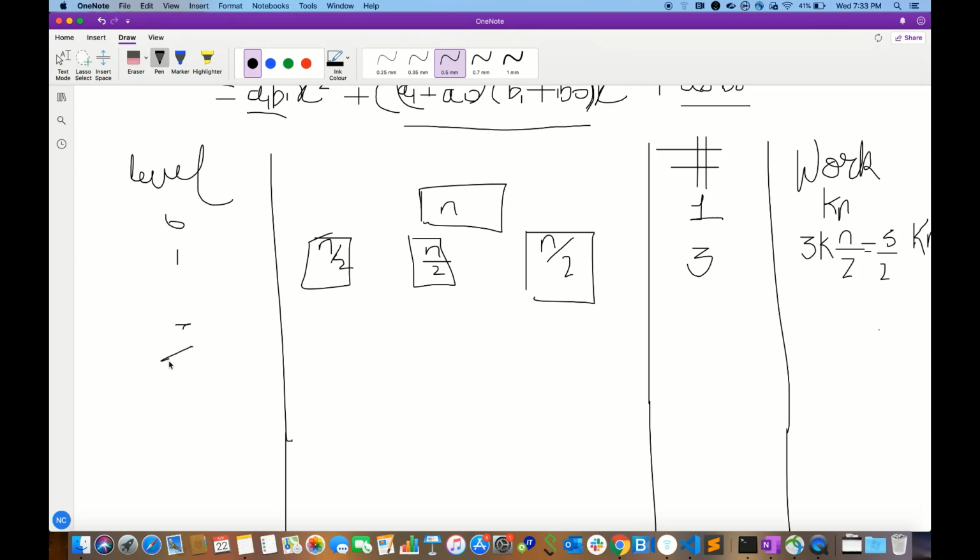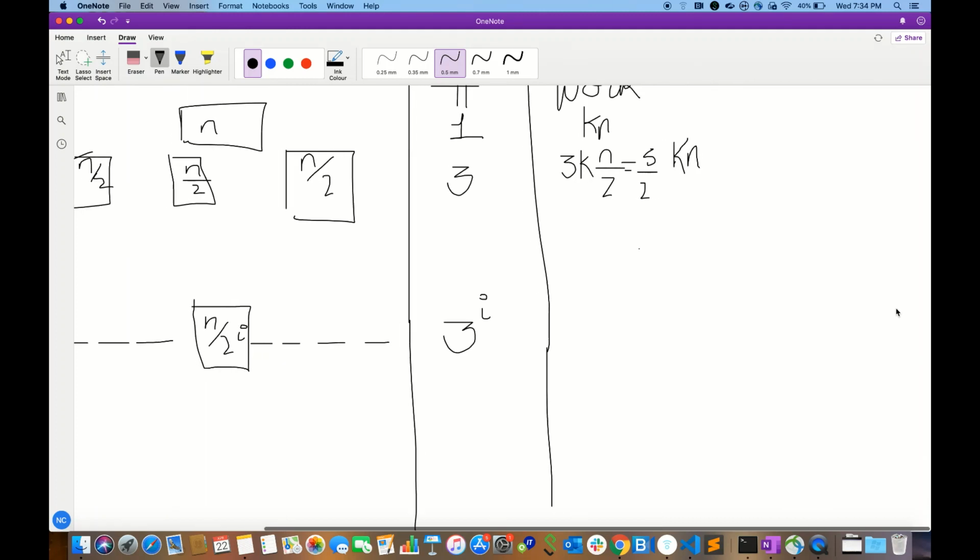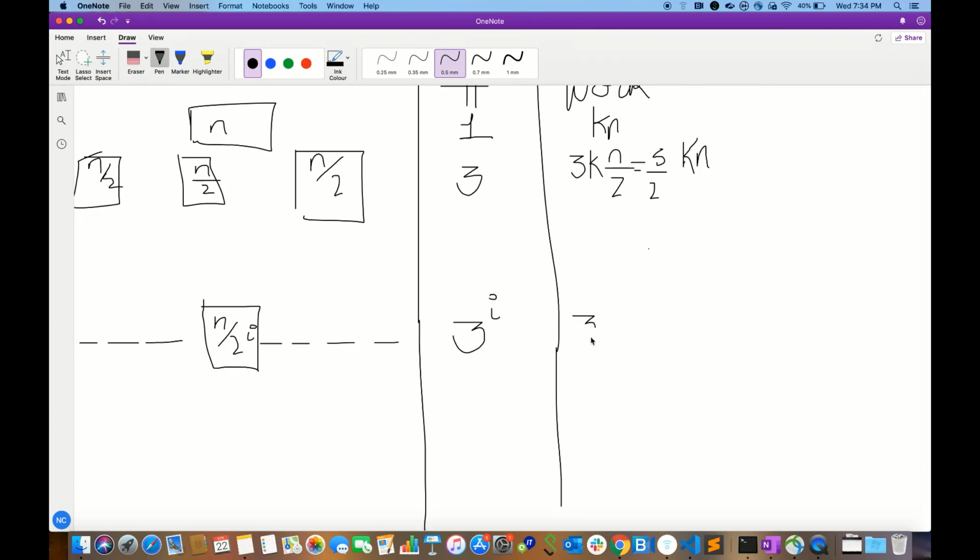Similarly, at some level i, it should have n by 2 to the power i elements in each node, and the number of nodes will be 3 to the power i, and the work that needs to be done would be 3 to the power i times k times n by 2 to the power i.